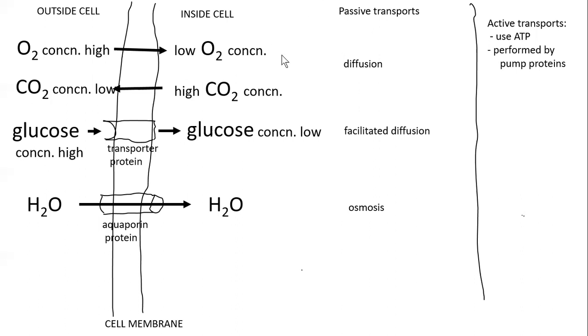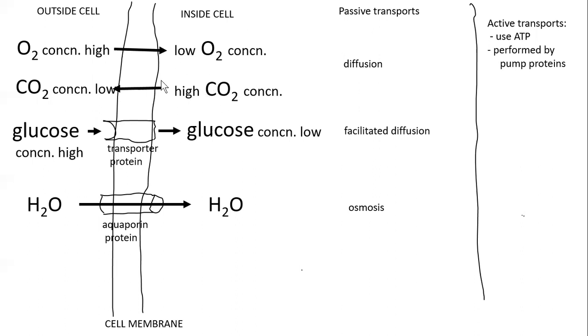In that process, mitochondria use oxygen, so mitochondria effectively vacuum oxygen from outside into the cell. So oxygen concentration inside the cell will be low. At the same time, mitochondria spew out a large amount of a waste product, carbon dioxide.